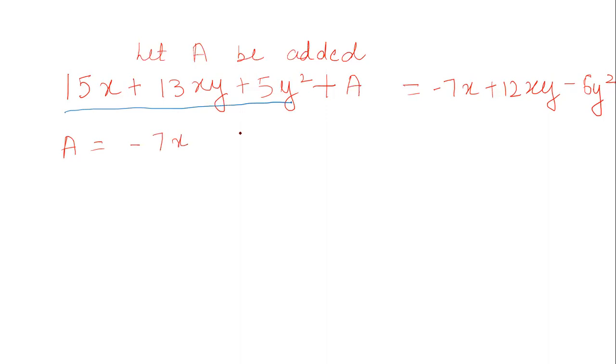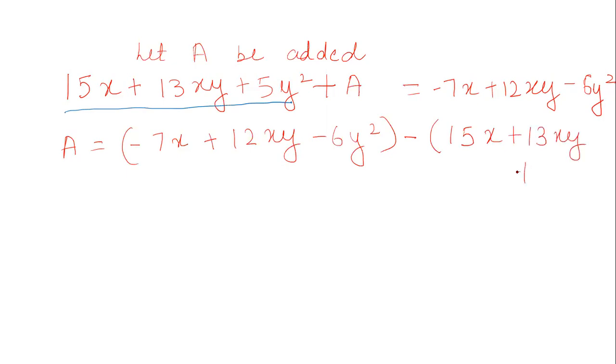Minus 7x plus 12xy minus 6y square को हमें सब्ट्रैक्ट करना है 15x plus 13xy plus 5y square. So subtract this, इसमें से ये सब्ट्रैक्ट करना है. So we will write this expression first. Minus 7x plus 12xy हॉरिजॉन्टल मेथड यूज कर रहे हैं.